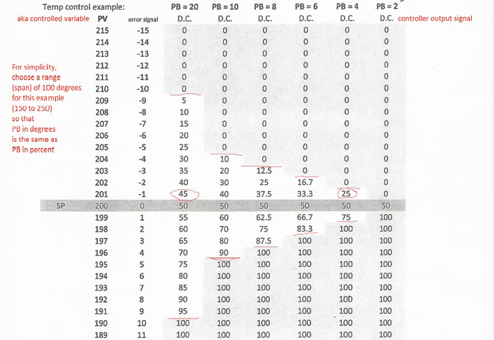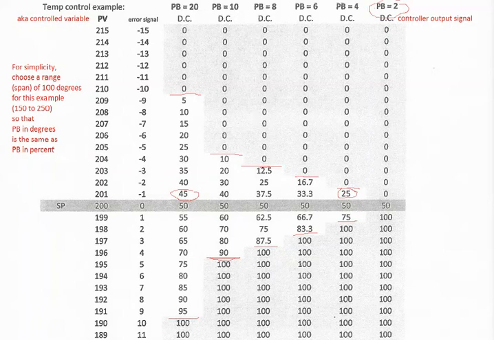If you make your proportional band very narrow, like this proportional band of 2 would be very narrow, or in other words, another way of saying that is crank up the gain, so very high, look what happens.